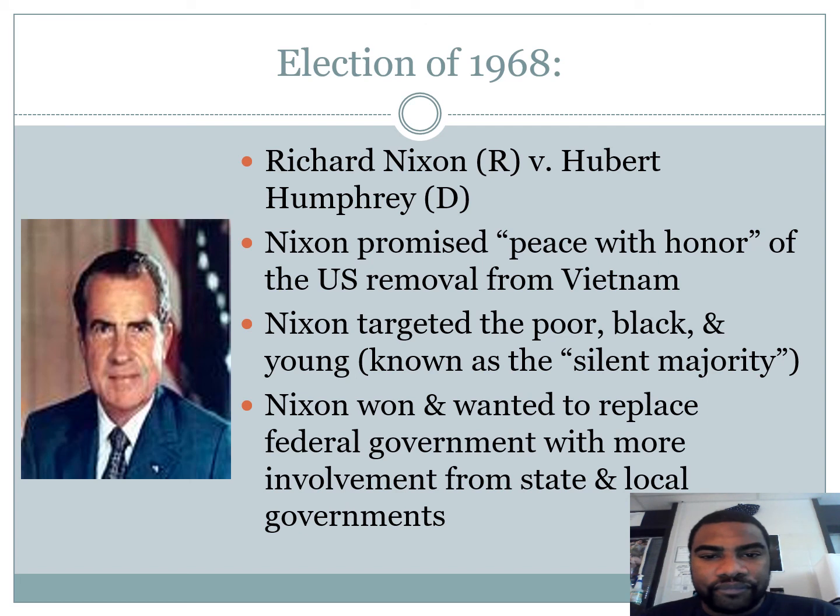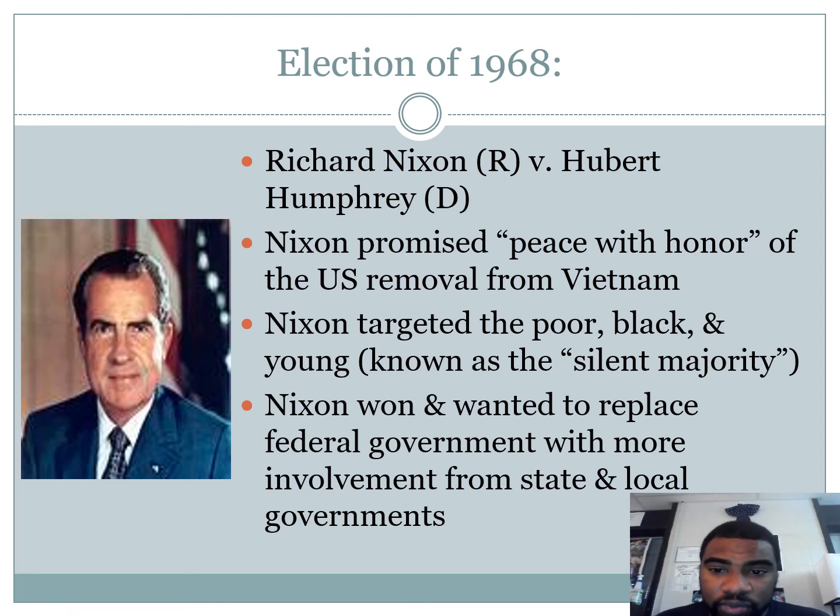All right. The election of 1968 ended up being Richard Nixon versus Hubert Humphrey, because of course the leading Democratic nominee at the time was actually still Robert F. Kennedy, but because he was assassinated, it ended up being Humphrey that was chosen.